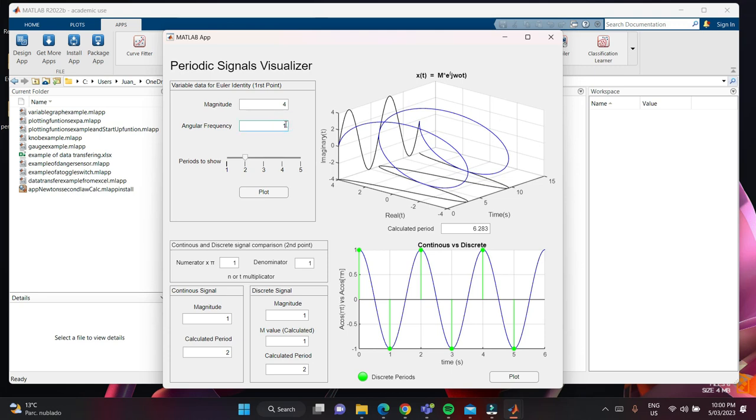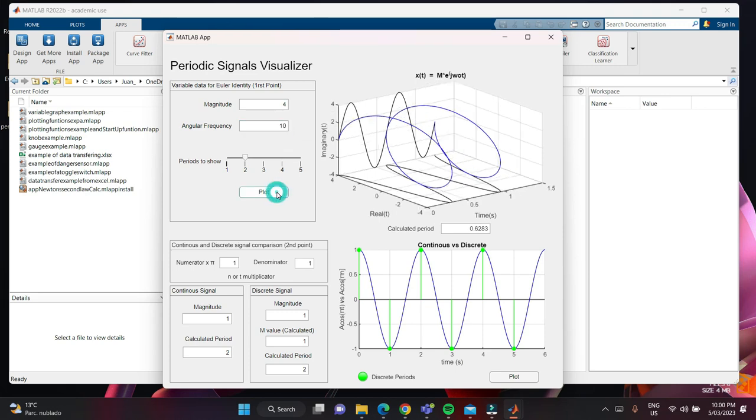So for example, let's introduce 10 to look at it better. As you can see, the time that it requires to make a single period decreases, and the repetitions per second increase. So you can see that it repeats itself in 1 second.